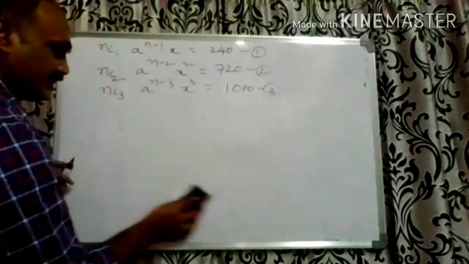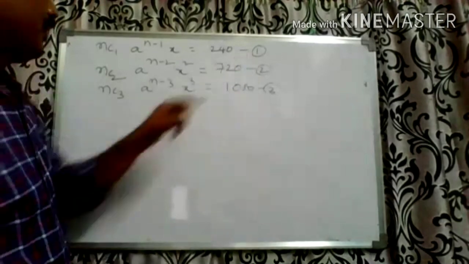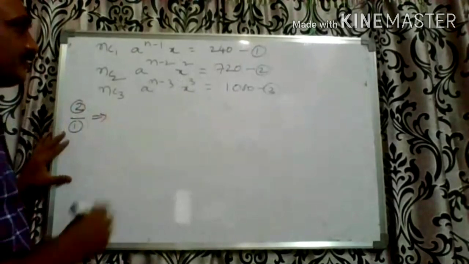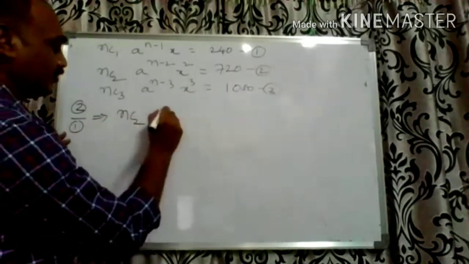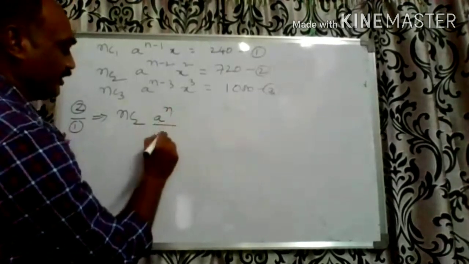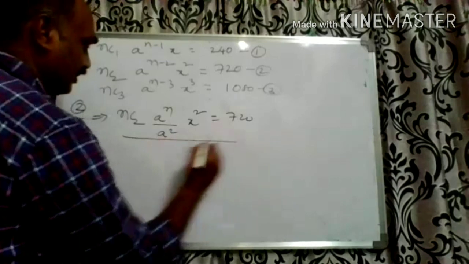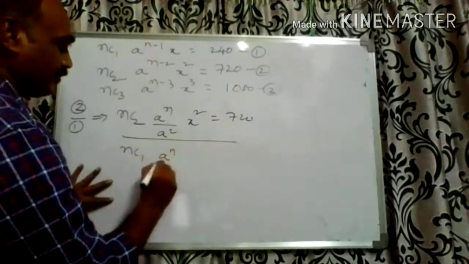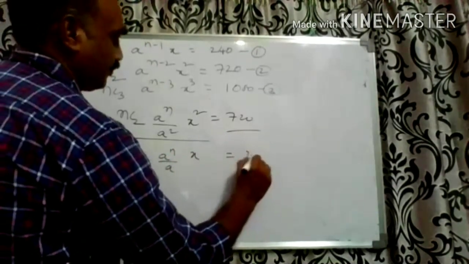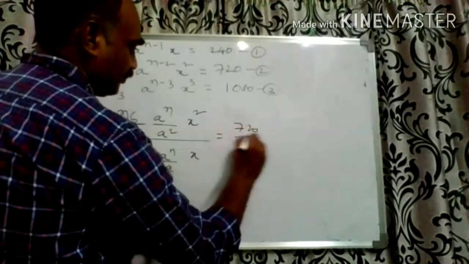First, take 2 by 1, the second equation by the first equation. nC2 a^(n-2) x^2 is equal to 720, divided by equation number 1, nC1 a^(n-1) x is equal to 240, so the ratio is 720 by 240.